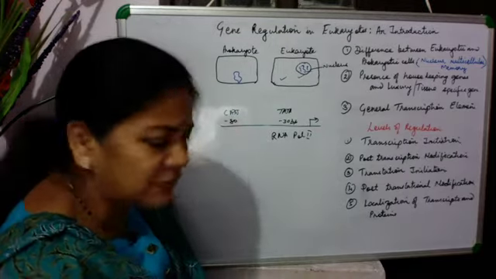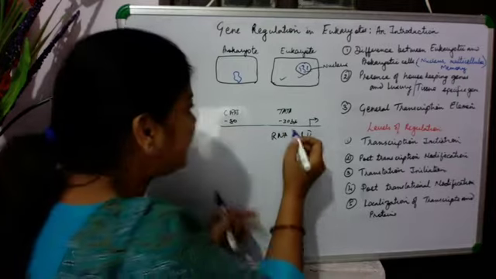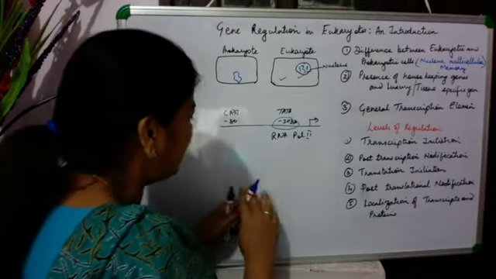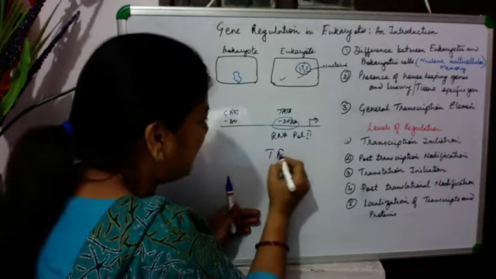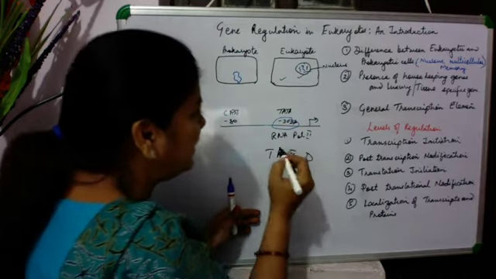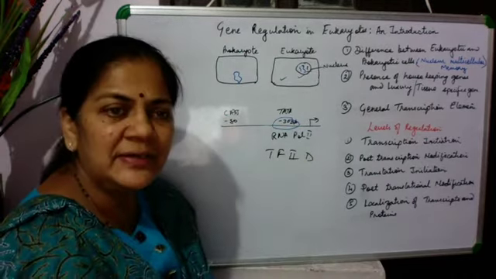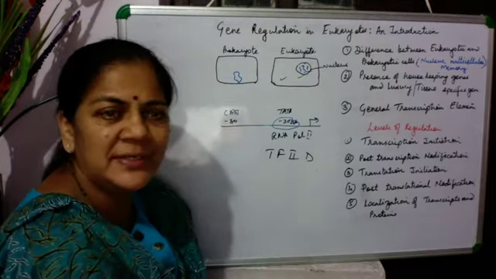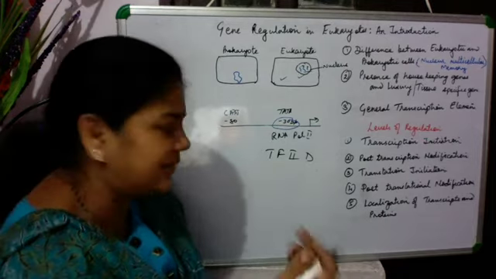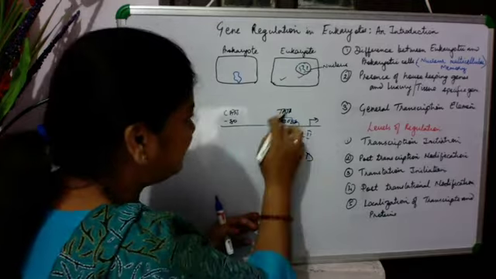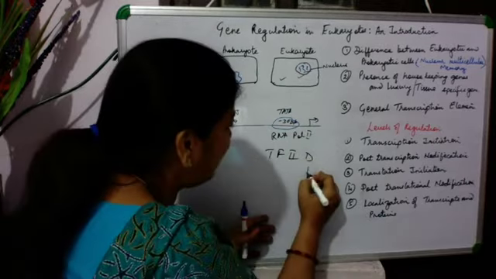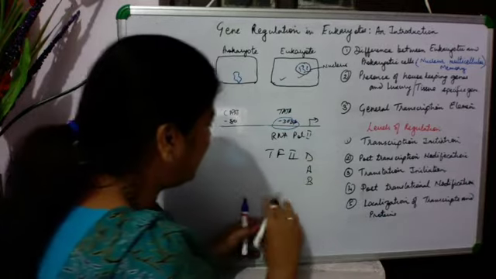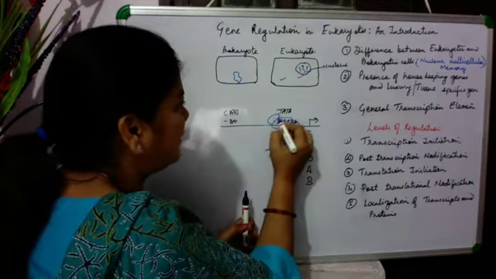The first factor which comes and binds to this region is TF2D. TF stands for transcription factor, 2 stands for RNA polymerase 2, and D is the name of that factor. Once TF2D binds, TF2A and B come and associate over here.